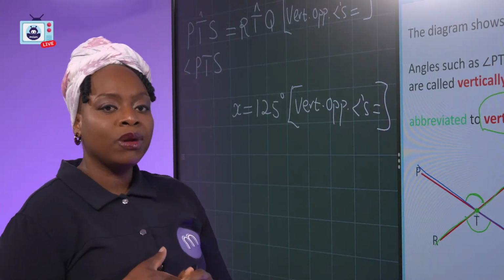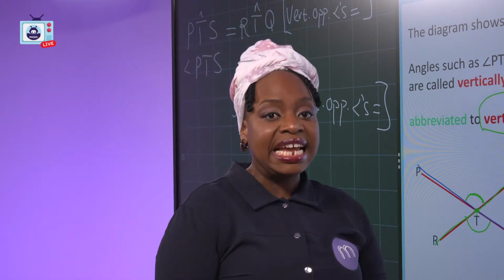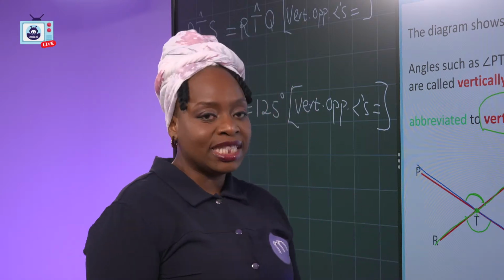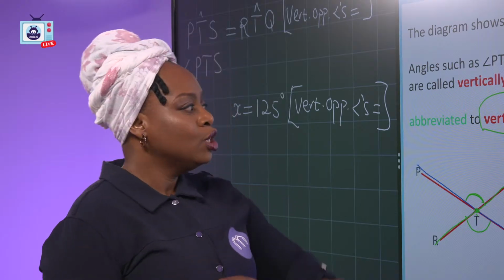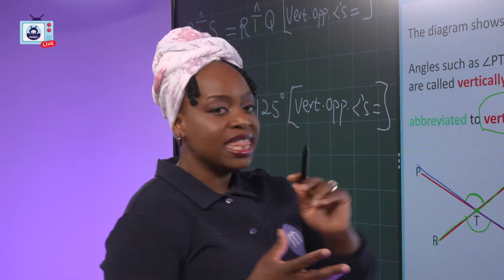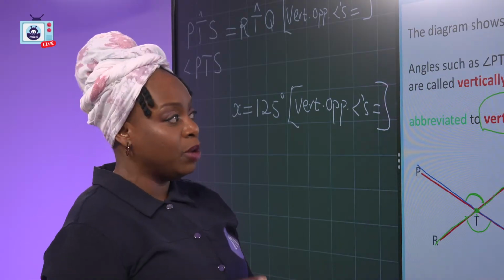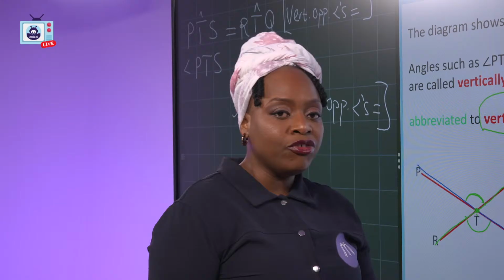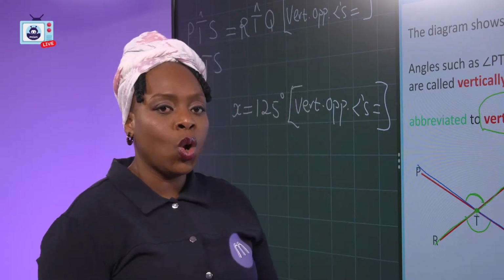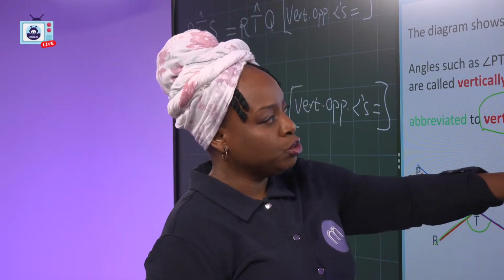This only applies if you have two straight lines that intersect. So it's not for any other shape that is not a straight line, and you cannot just assume that every shape is a straight line. You have to measure it, you have to be told that that is a straight line, and so on, right?